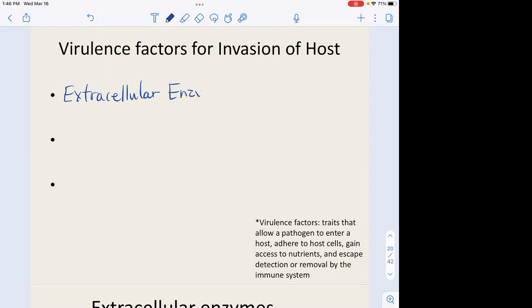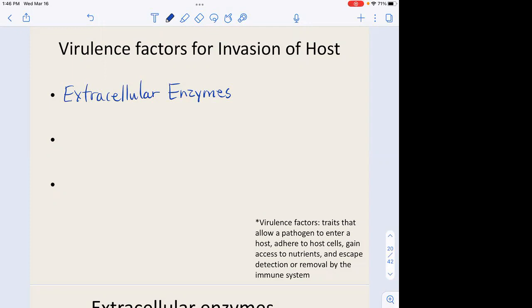Now you talked about some exoenzymes, same thing in lab. If you remember back a few weeks ago, in lab we talked about extracellular enzymes that break down macromolecules like starch or lipids in order for organisms to get energy from that.